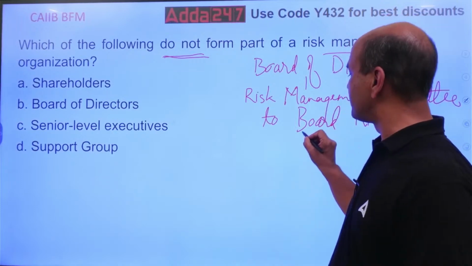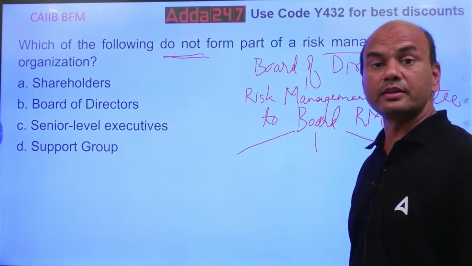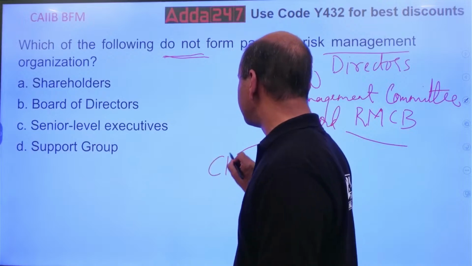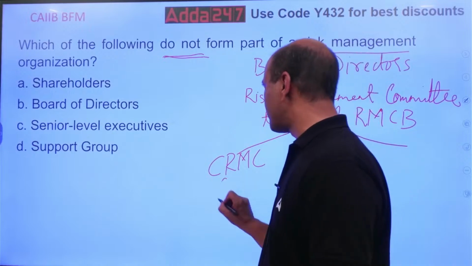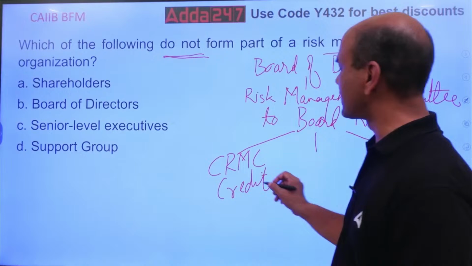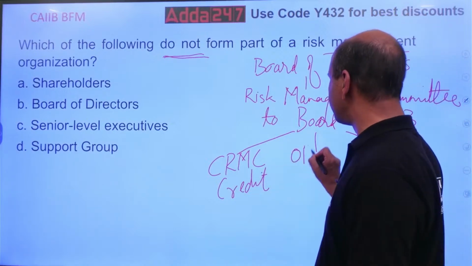Below this RMCB, there are three subcommittees. Which are those? CRMC, the Credit Risk Management Committee. Second is ORMC, the Operations Risk Management Committee.